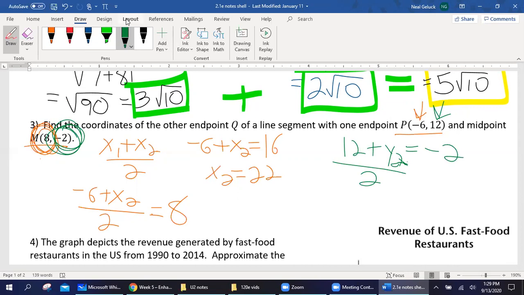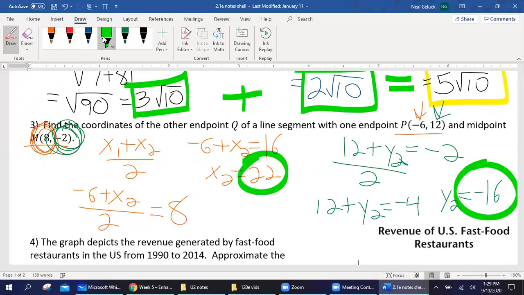So I'd end up with the equation 12 plus y2 equals -4. If I multiply by 2, subtract over 12, you get that y2 is -16. So the coordinates of point Q must be 22, comma, -16.